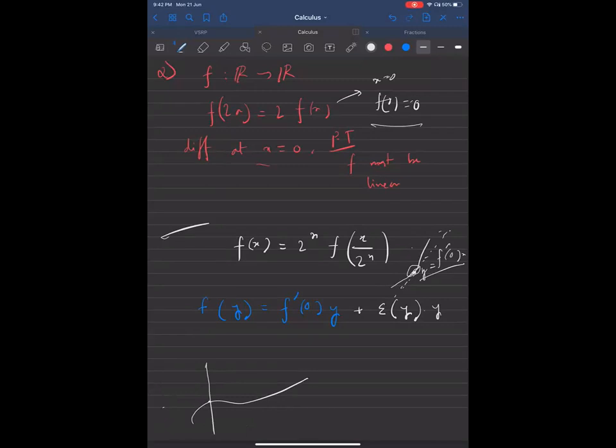Here we want to approximate the function like this. This approximation is not perfect. Of course, it's not perfect, but it's close enough around 0. And what is this approximating line? This is something we get from the derivative at 0. So this line is basically f dash 0.